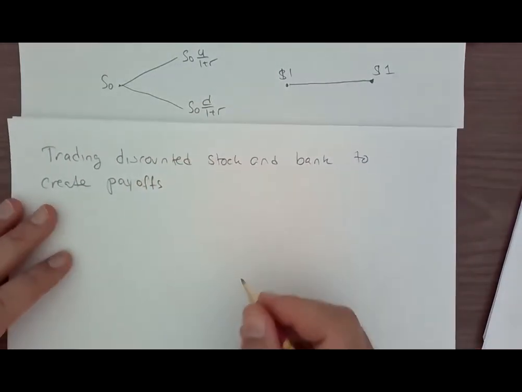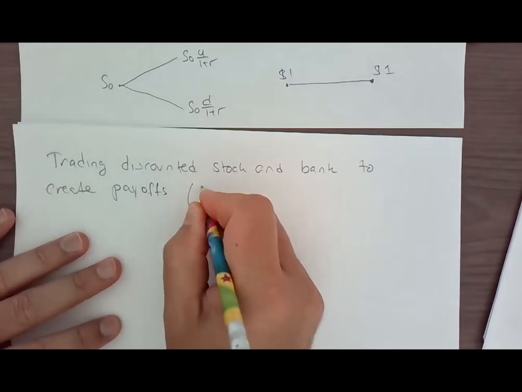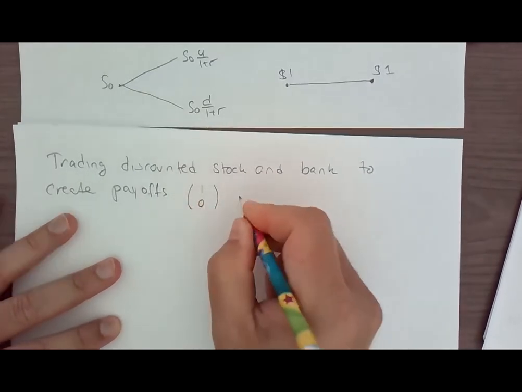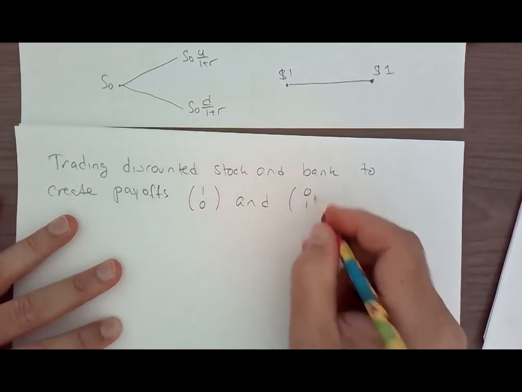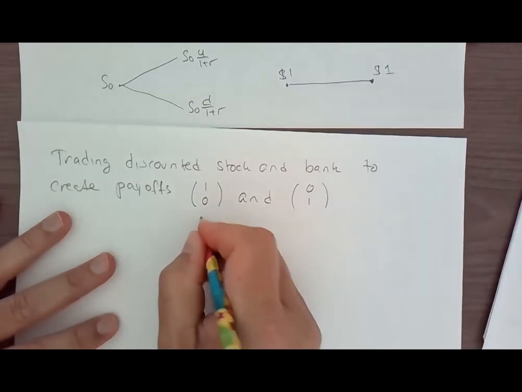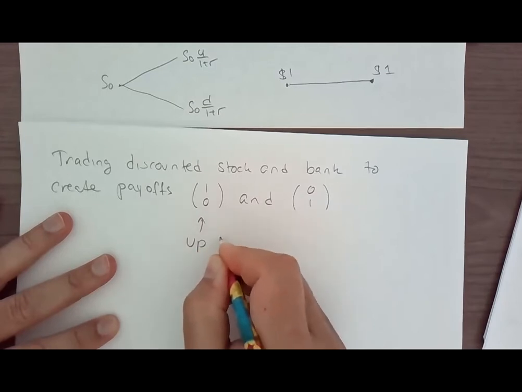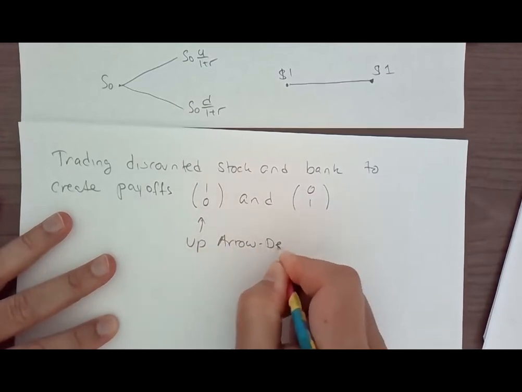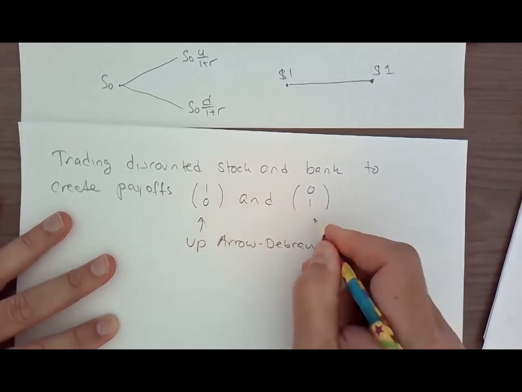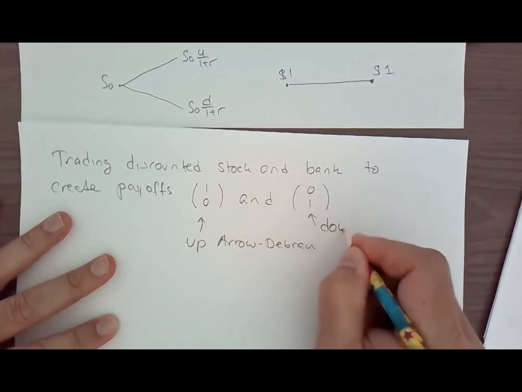The payoffs that we're going to create will be 0, 1 and 1, 0. This one here is called the up Arrow-Debreu security. This one here is the down.